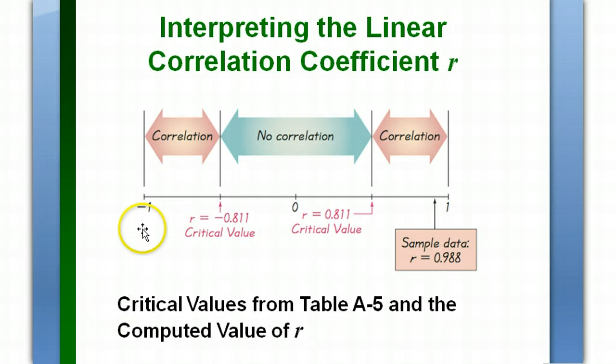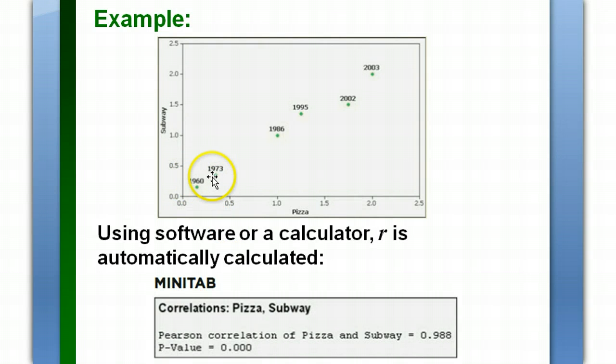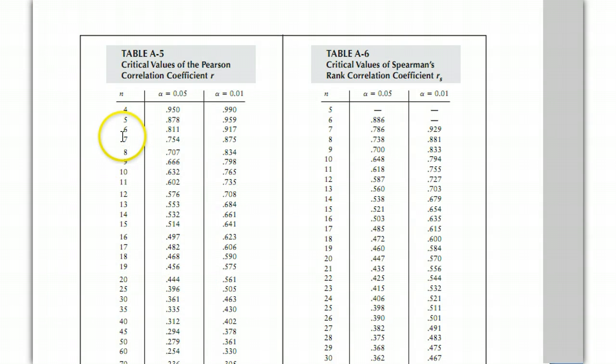Alright, so this particular data set that we have, there's 1, 2, 3, 4, 5, 6 data points. Alright, so according to the table, there's 6 at a 5% level of significance, or 0.05 level of significance.